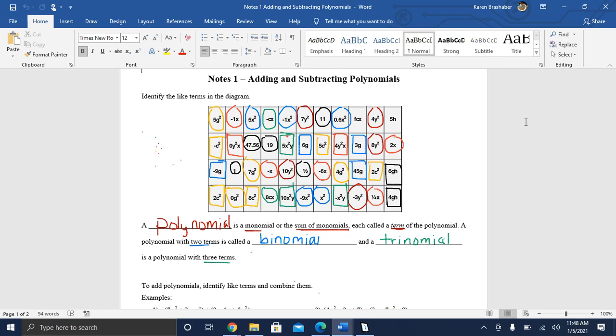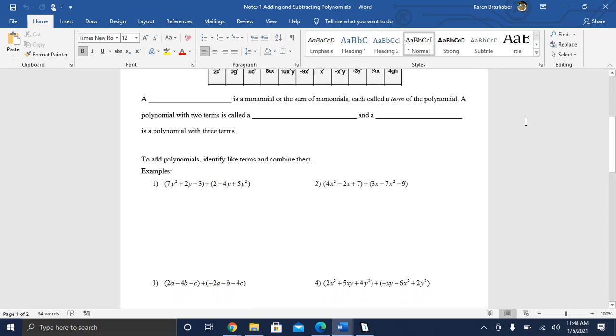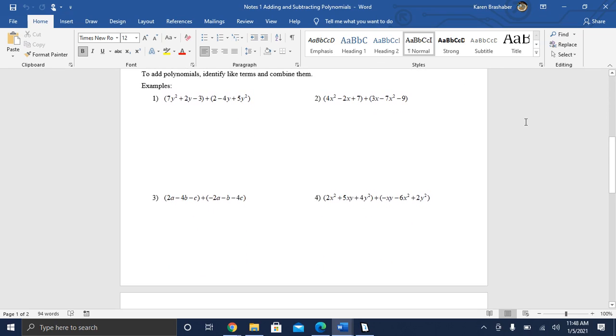So I will clear this screen and scroll on up so that we can go through those examples. So in the examples, you have parentheses. We're going to rewrite without the parentheses. So we're going to distribute a 1 to this second parentheses and therefore remove it.